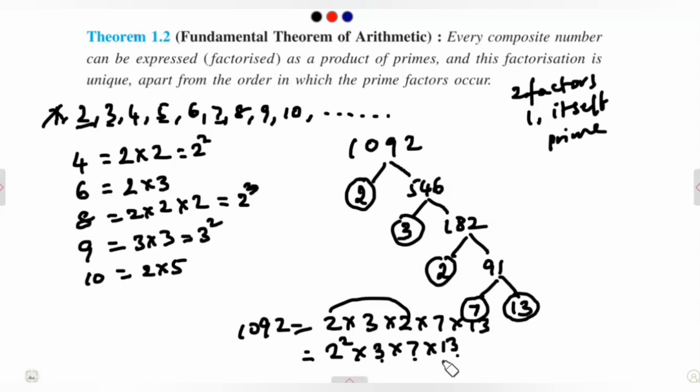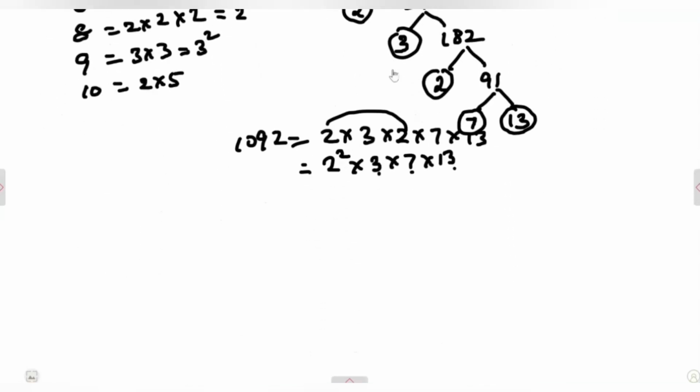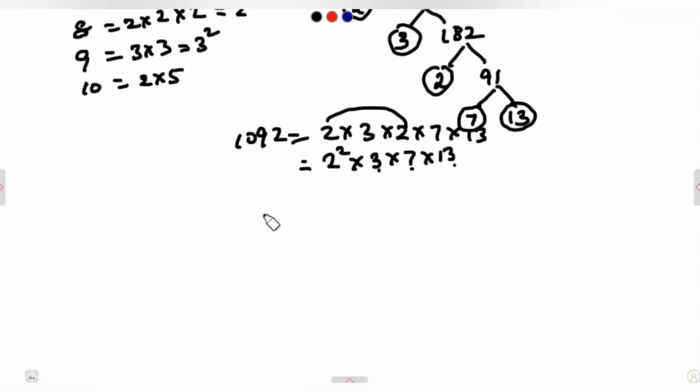That means in whatever way everybody may factorize, finally they will get the same prime factors, but the order of the factors may be different, depending upon the divisors they take each time. For example, somebody may write 1092 as 7 times 13 times and so on, depending upon the factors they take first.